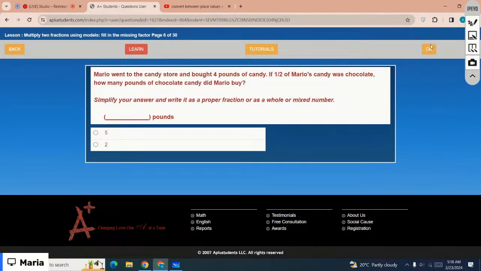Mario went to the candy store and bought 4 pounds of candy. If half of Mario's candy was chocolate, how many pounds of chocolate candy did Mario buy? So, which is the correct option? You have to calculate half of 4.